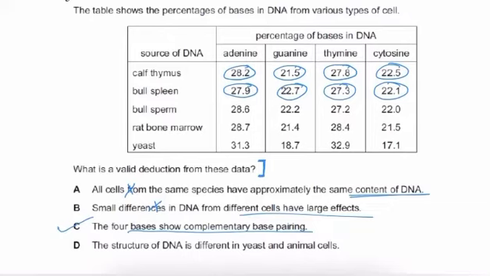It means that the bases show complementary base pairing, because if the bases are showing complementary base pairing, the percentages should be equal or almost equal.